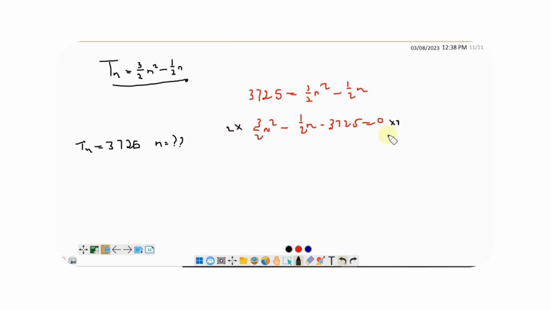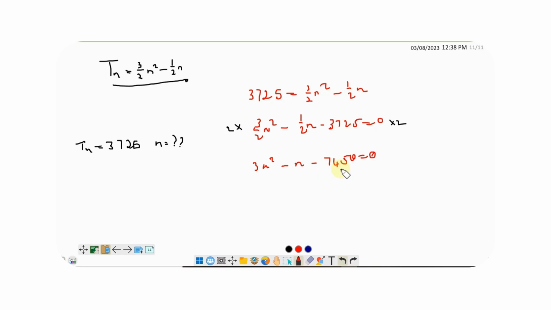So now from here we'll have 3n squared minus n minus 7450 equals 0. So the only thing left for us now is to simplify this.